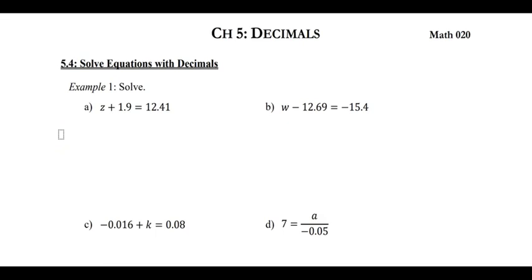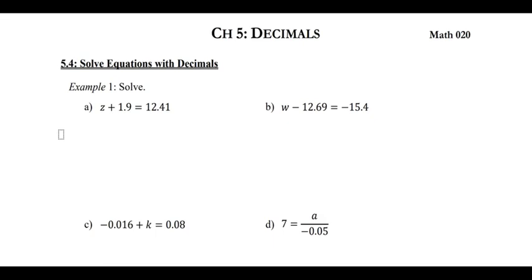Lesson objectives: we only have one for this lesson, solving equations with decimals. When you solve equations that involve decimals, we're still going to apply all the same general rules for solving equations, meaning that we will be keeping balance. Whatever we do to one side, we do to the other side. We're going to be using opposite operations in opposite order.